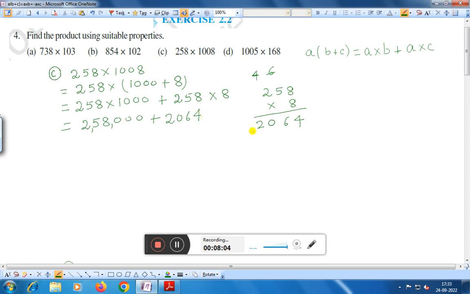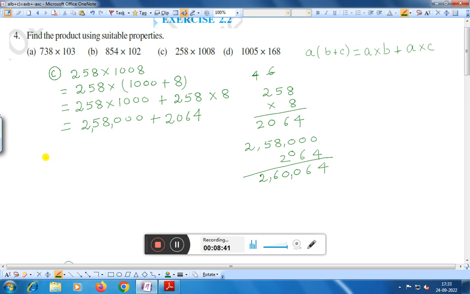Now we will add this one, that is 258000 and 2064. If we add this one, we are getting 4, it is 6, it is 0, 8 plus 2, 10, carry 1, 5 plus 1, 6 and 2. If we put the commas, here one comma, here another comma.